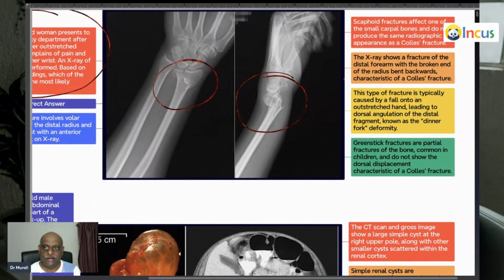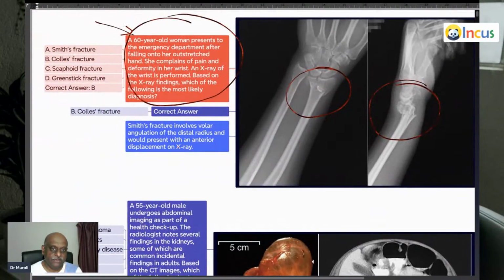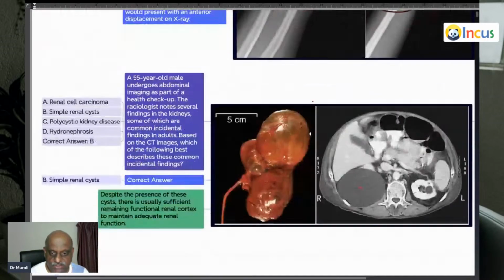Typically, the Colles fracture is the one which you see towards the end of the radius, which is what you need to remember. Outstretched hand is a very important point that points towards the Colles.